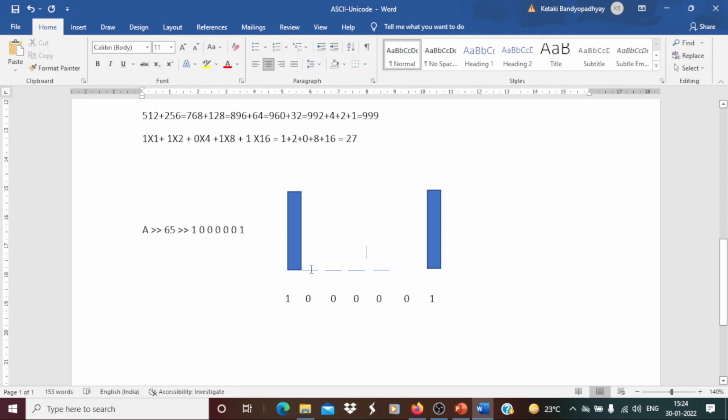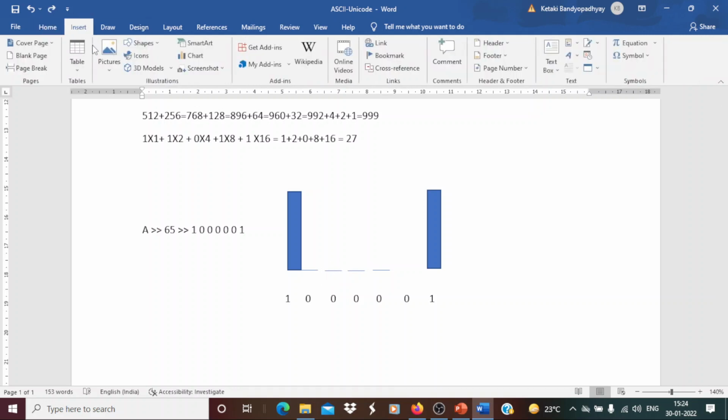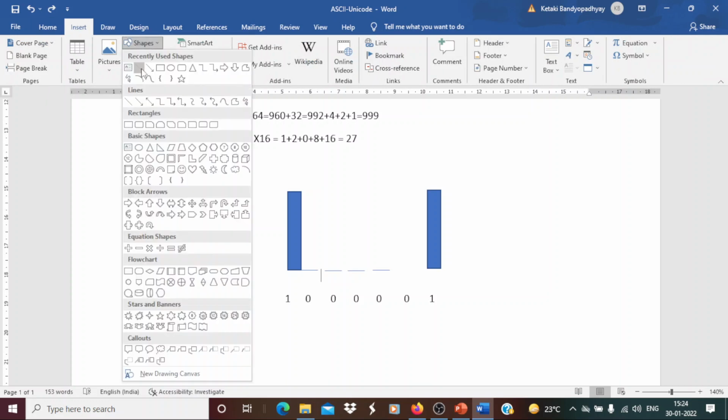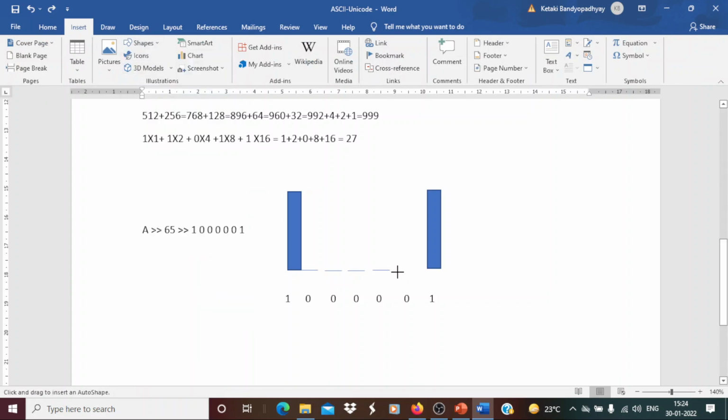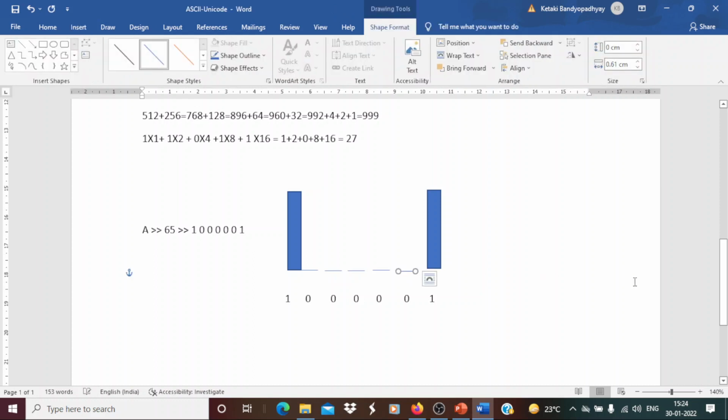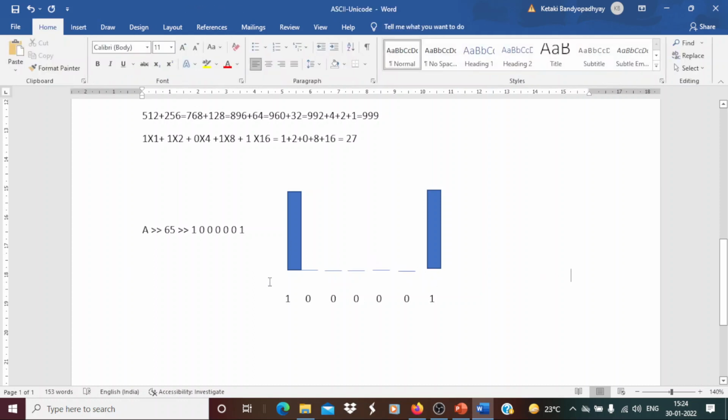One figure is missing, let me add one. Insert, save this one. So I'm adding another thing for this last 0. So now you can easily understand.